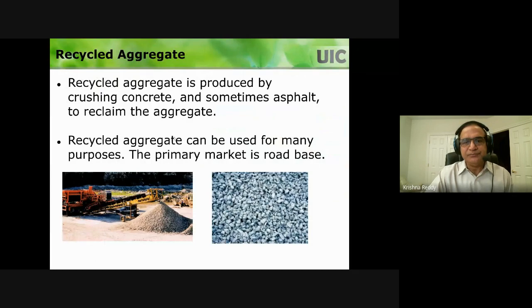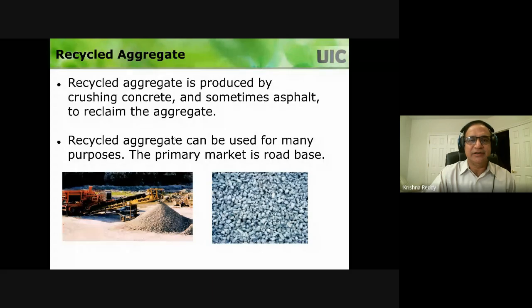Now, one of the things that the whole construction industry is focusing on is recycled materials. One of those materials is recycled aggregate. So remember, as I mentioned, we have this very large network of highways that are constructed of concrete.